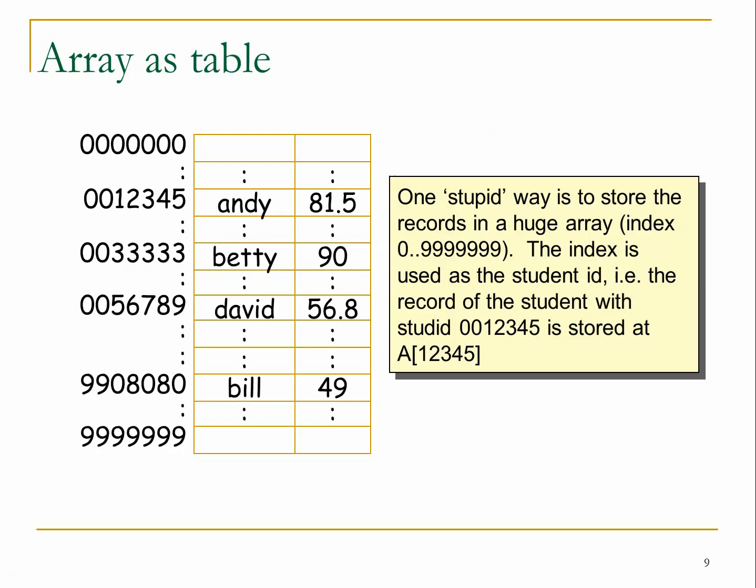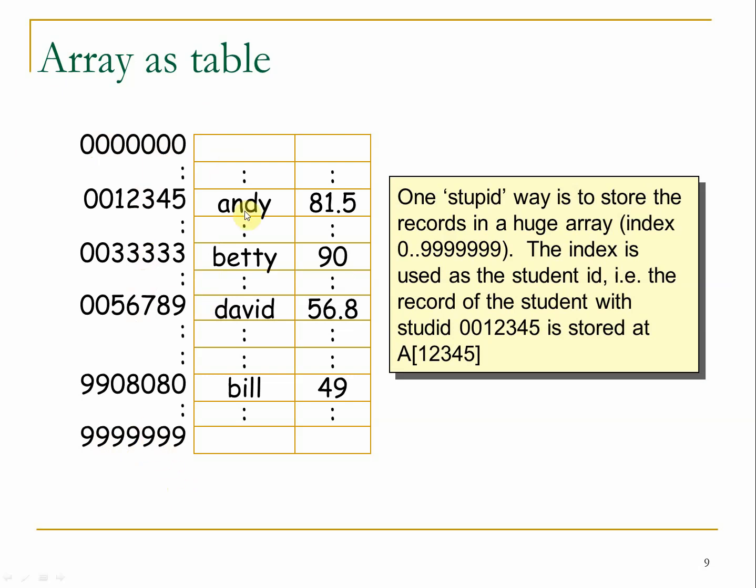First of all, you may think that's crazy, but think about how good it can be if we have that kind of luxury of resources. If that is true, then the student ID does not need to be stored anywhere anymore, because the student ID numbers are exactly the index numbers.